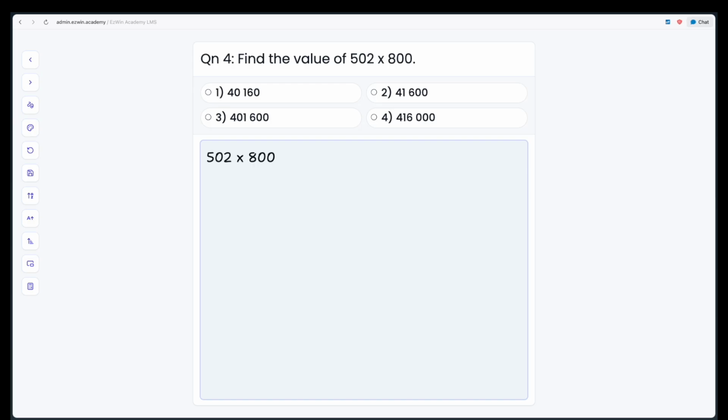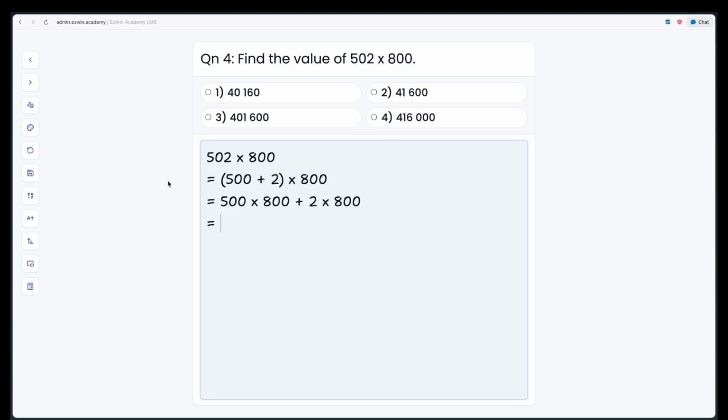I think the easier way would be bracket 500 plus 2 times 800. Okay, simpler. So in this case, this will just be 500 times 800 plus 2 times 800.